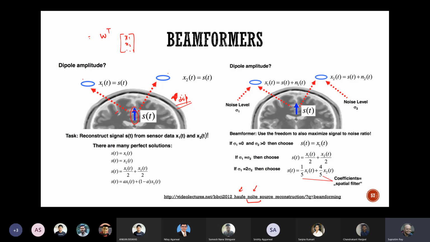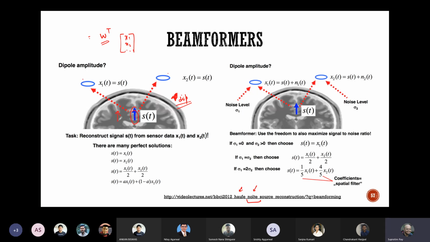Now, if I change my location, then obviously this weight vector is going to change. But the idea is my weight vector should be such that it approximates the source at a particular location. Okay, this is just half of the story. There's more to it, but this is the starting point.